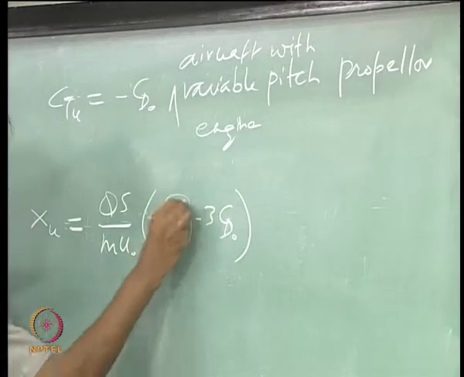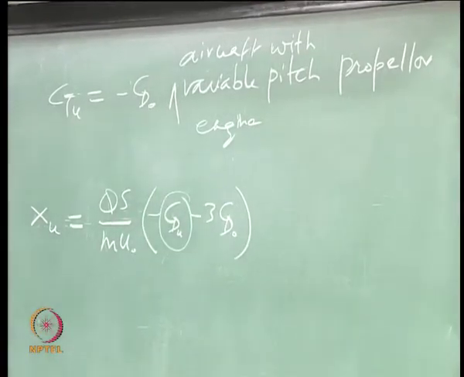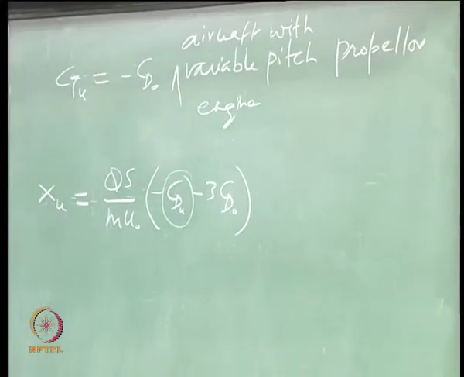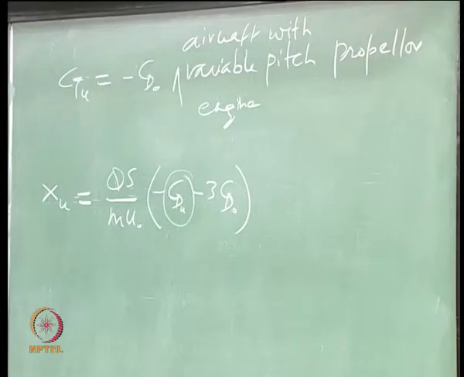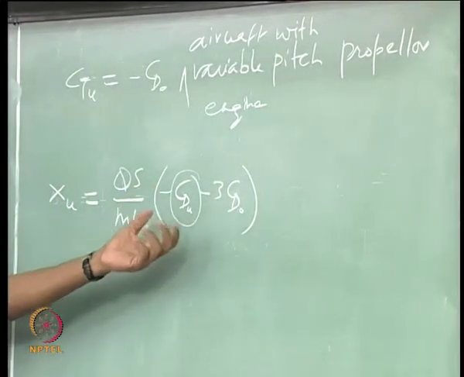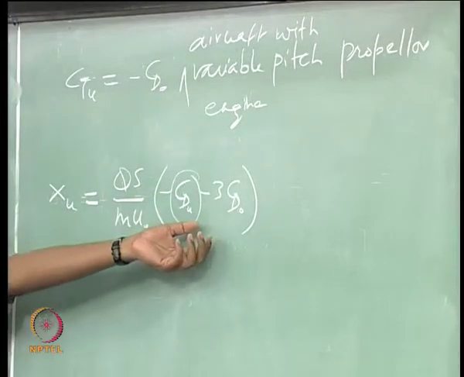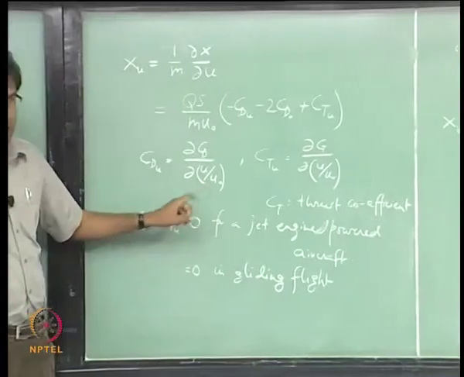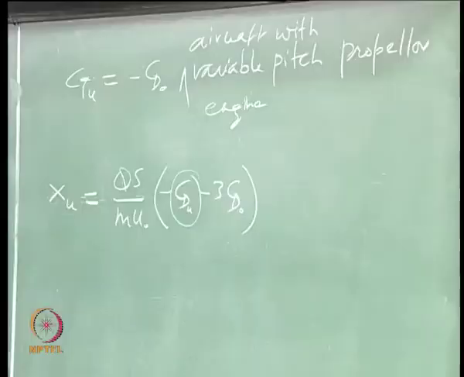What about this term? This term is change in CD with respect to a change in non-dimensional forward speed, right? Right? When is this going to be important? Only for flight in the compressible range.